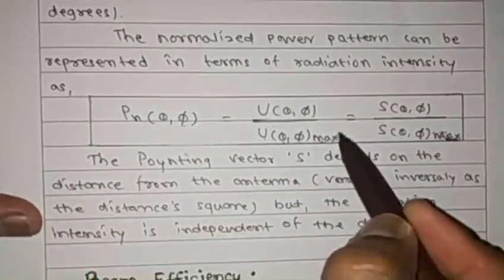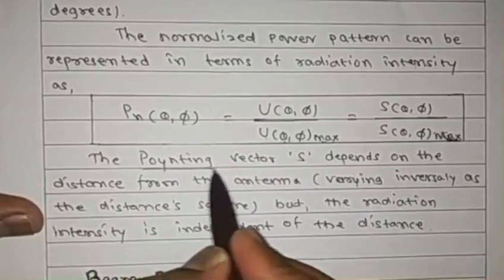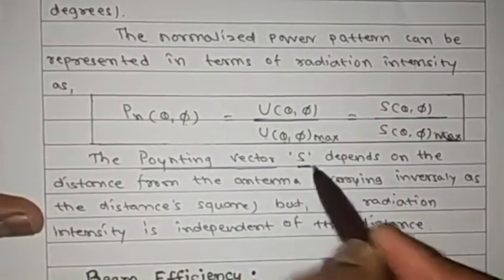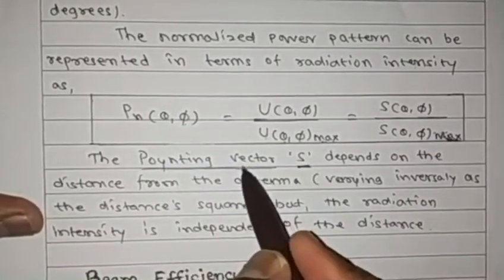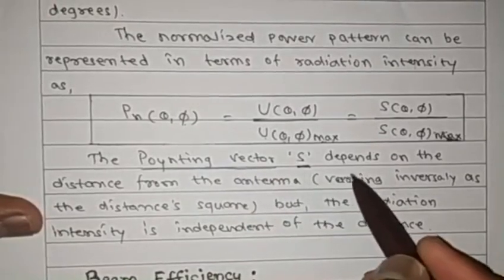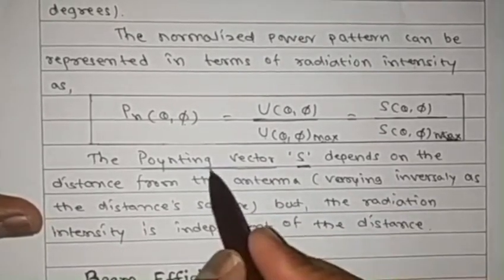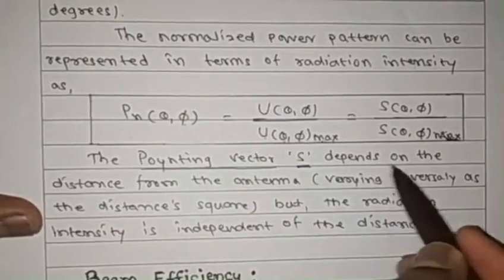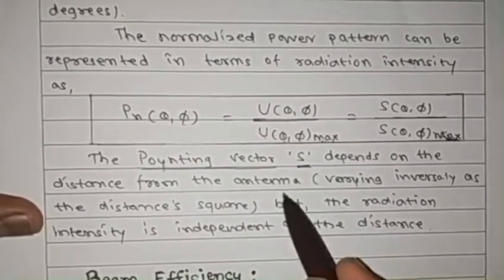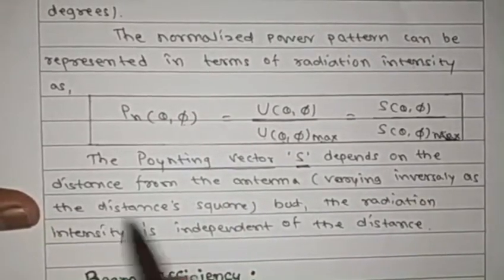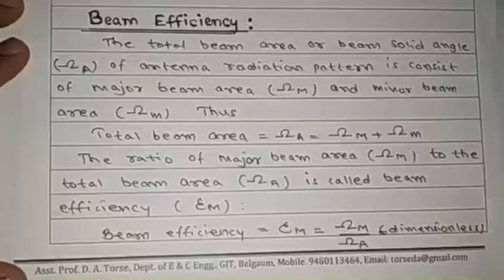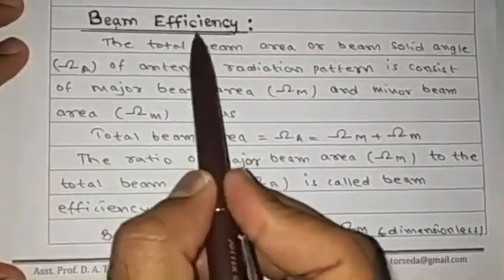This can also be represented in terms of the Poynting vector, because the Poynting vector indicates power density per unit area, which depends on the distance from the antenna, varying inversely with the square of the distance.